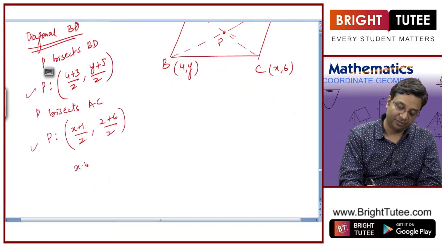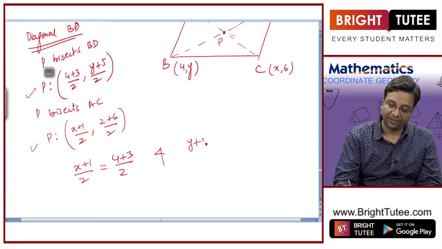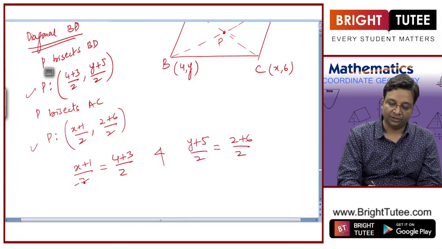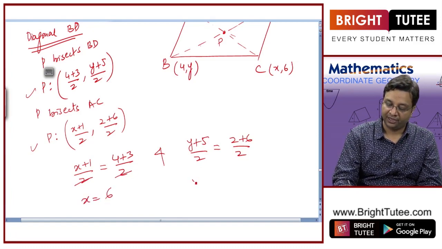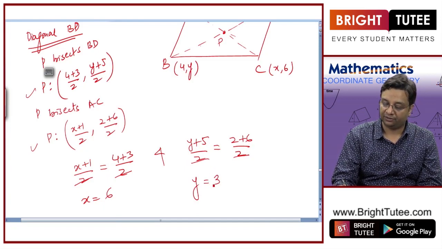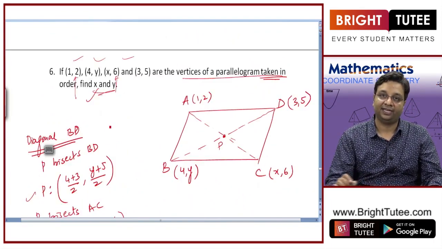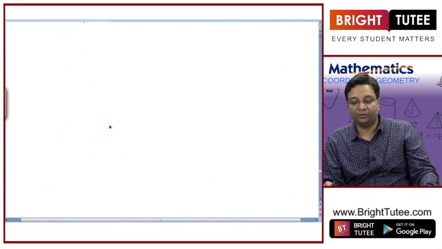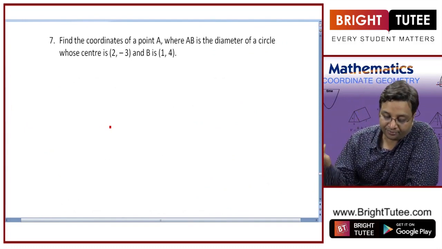So we can say (x plus 1)/2 is equal to (4 plus 3)/2 and (y plus 5)/2 is equal to (2 plus 6)/2. So we can say x is equal to 7 minus 1, 6, and y is equal to 8 minus 5, 3, right? So these are the values of x and y. We just use the property that the diagonals of a parallelogram bisect each other.